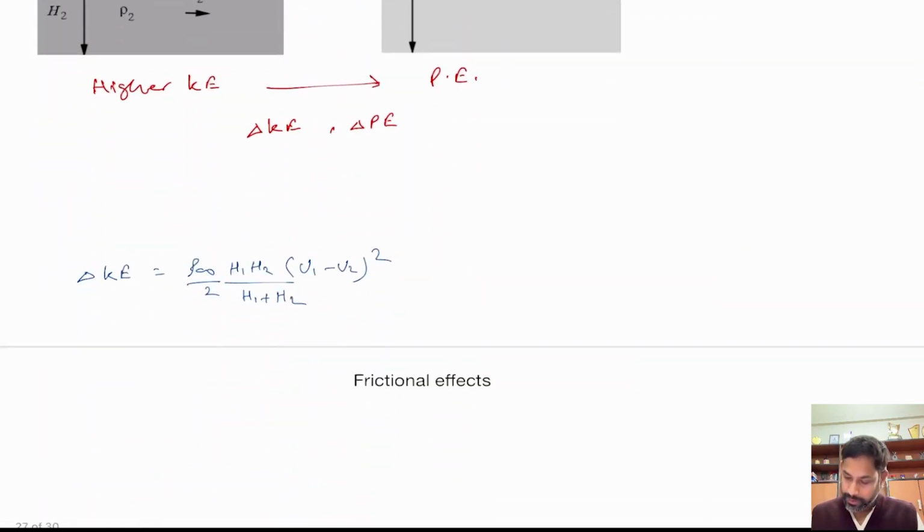And why is potential energy increasing? Because of mixing, some of the heavier fluids are moving up and lighter fluids are moving down. So basically they are acting against gravity, right?